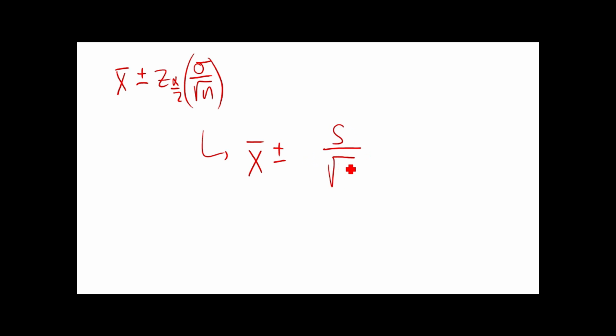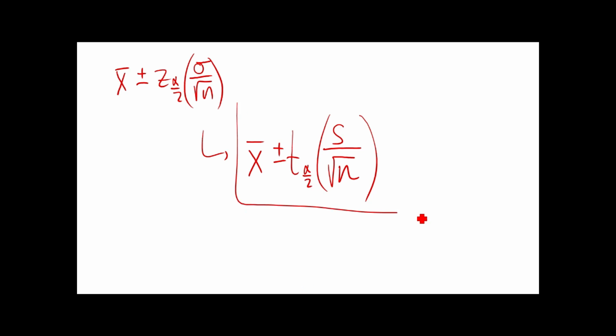And so what we were thinking originally, we said, you know, this works really great. So instead what we do is we're going to substitute the population standard deviation with the sample standard deviation. But then we're going to have to get this multiplier off the t-table.